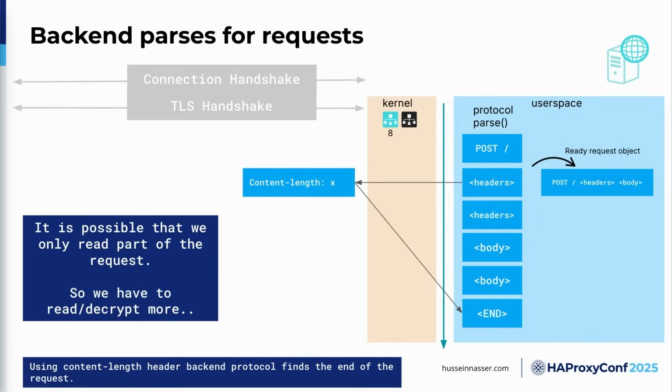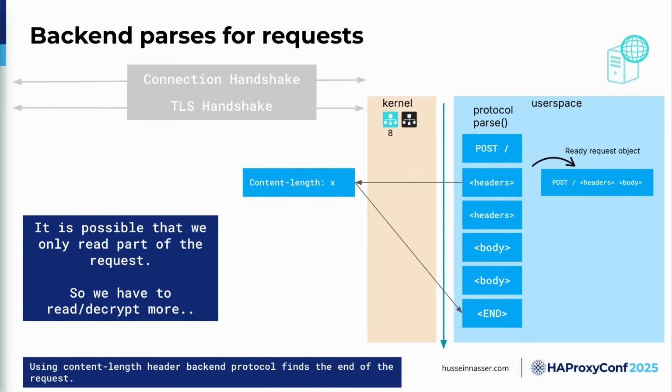And here's one thing. We might not have read enough bytes to get a full request's worth, right? Because we're reading bytes. We have no idea. We're reading just encrypted bytes of all things, right? So we have to read and decrypt, read and decrypt. And maybe we got halfway through the headers. I wish I had a laser.